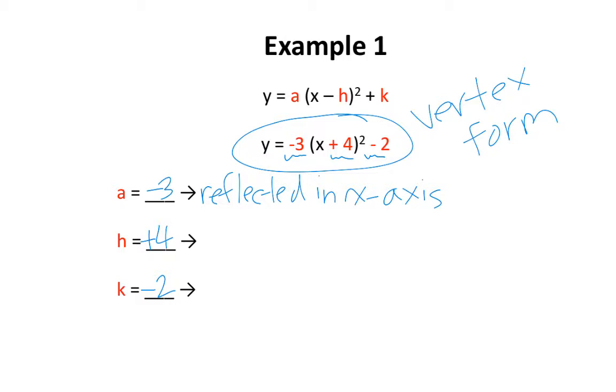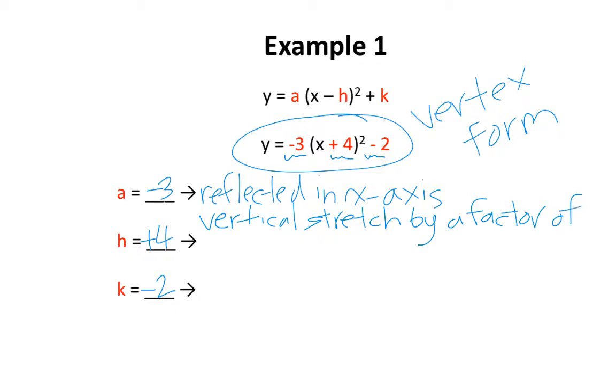Moreover, since the absolute value of a is greater than 1, that means there is a vertical stretch by a factor of 3. In other words, the parabola is going to get more narrow.